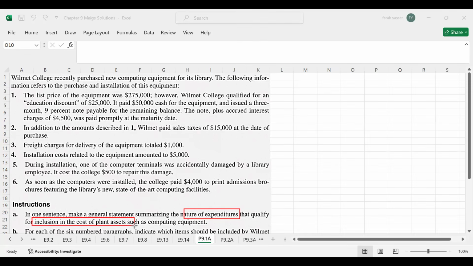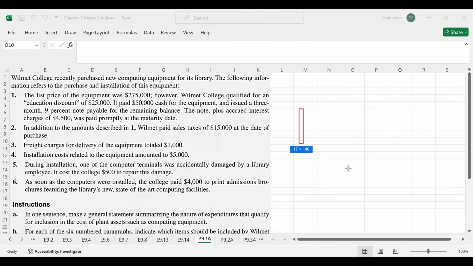So, all the necessary and reasonable expenses are a part of the cost of the asset. So we add the cost of the asset, or in other words, we capitalize such assets. So that is the answer of part A.